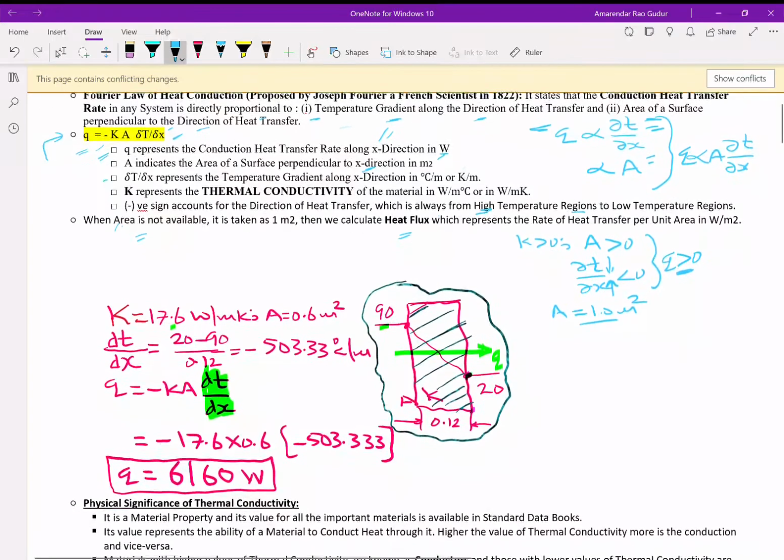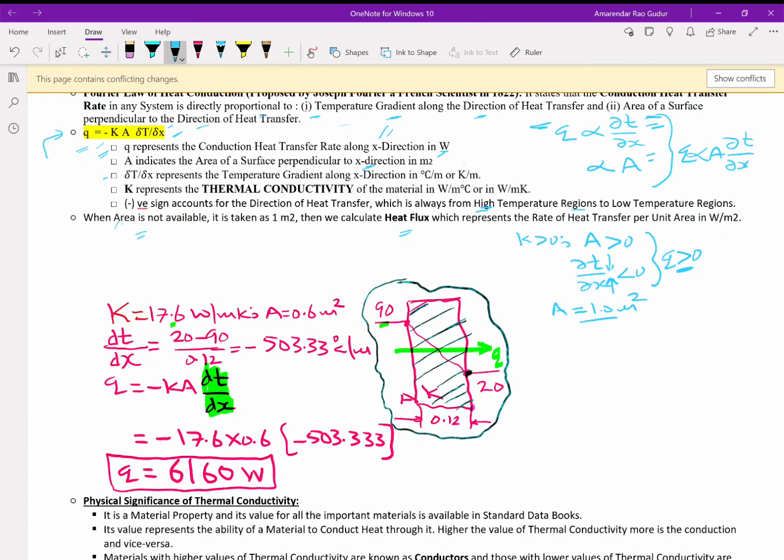Now let us see a simple application of the Fourier law of heat conduction. Let us consider a plane wall of 12 centimeters thickness, that is 0.12 meters, of some area 0.6 meters square, made up of some material having thermal conductivity 17.6, and we assume that the left side surface is at 90 and the right side surface is at 20 degrees centigrade. Then we calculate del T by del X as the temperature at the right side surface minus the temperature at the left side surface, divided by the thickness of the wall.